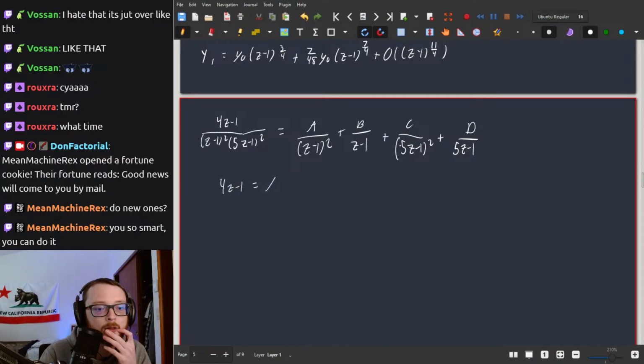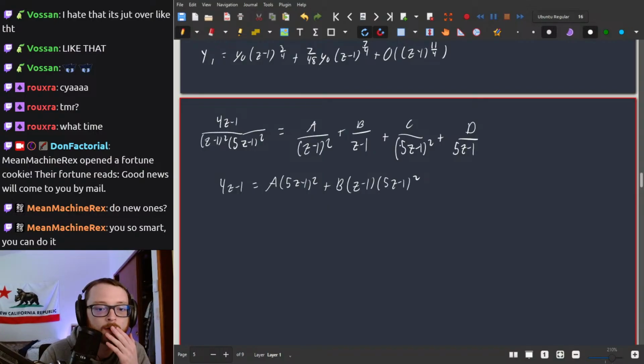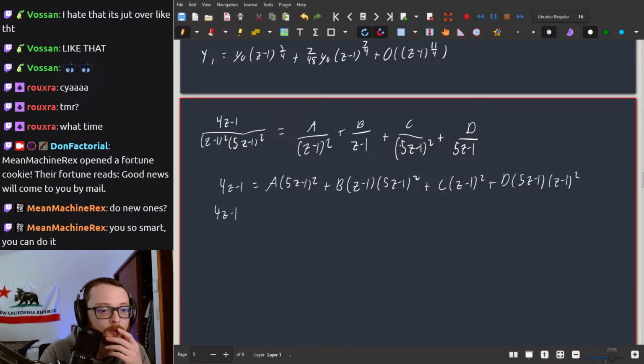So A is going to be multiplied by 5z minus 1 squared. B is going to be multiplied by z minus 1, 5z minus 1 squared. C is going to get a z minus 1 squared. D is going to get a 5z minus 1 and a z minus 1 squared. That's a little bit annoying. I lied, that's a lot annoying.